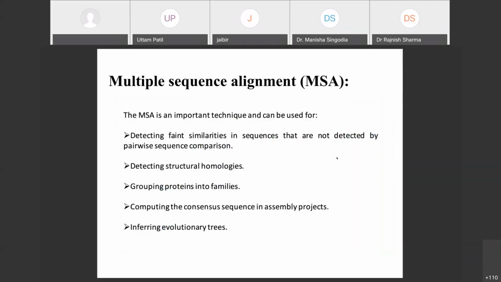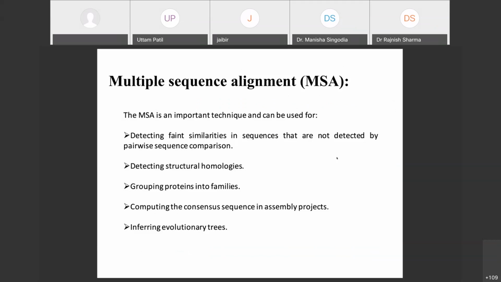Then you can also detect structural homologies. You can group proteins into families. As I said, you look into the multiple sequence alignment, and then you can start grouping proteins into different families. The proteins which are similar to each other can be grouped into one family. The proteins similar to the other proteins can be grouped in other families, and then you can see, okay, there are multiple families present in your sequence alignment.